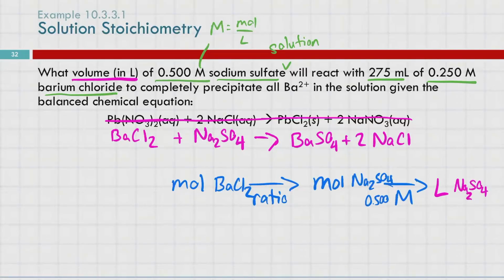Do we have what we need to find moles of barium chloride? We do. What are those things? Yeah, milliliters and molarity.